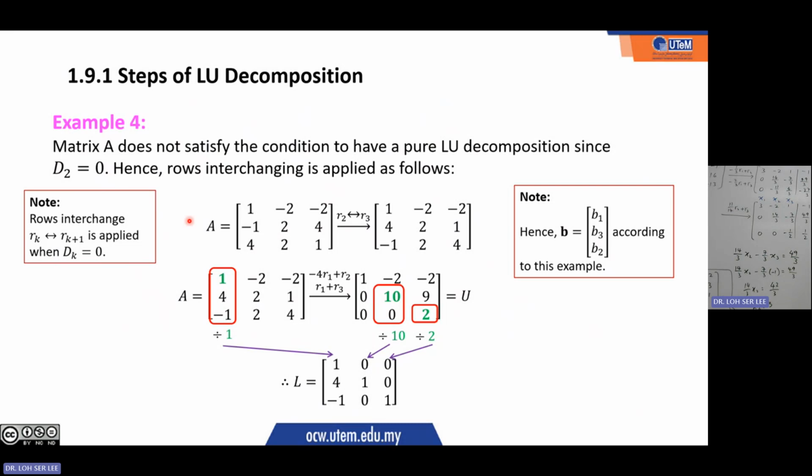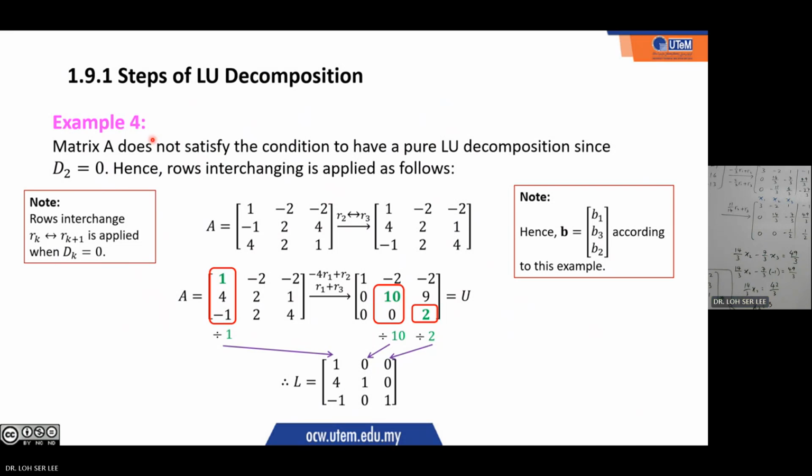But if you skip that step and go straight to row reduce the matrix, actually you will know this matrix doesn't satisfy the condition.